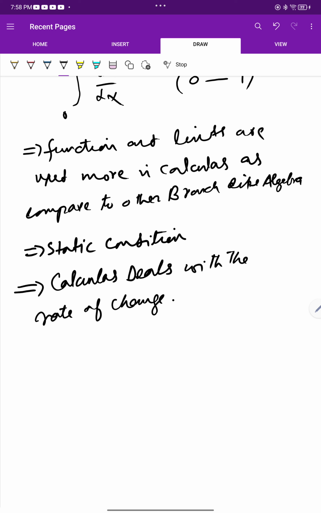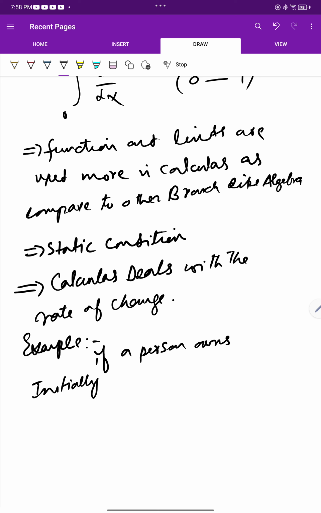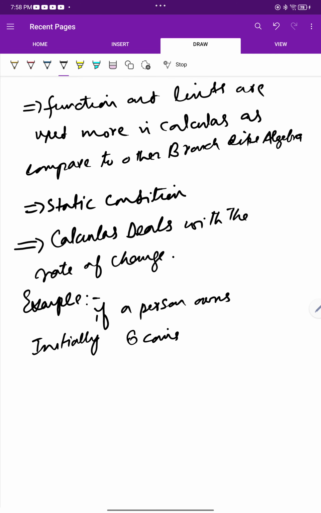Function usually establishes a physical relation between two things, like theory and application. If I can give you an example: if a person initially owns six coins, whatever coin, crypto or whatever, let's see how you can represent it.